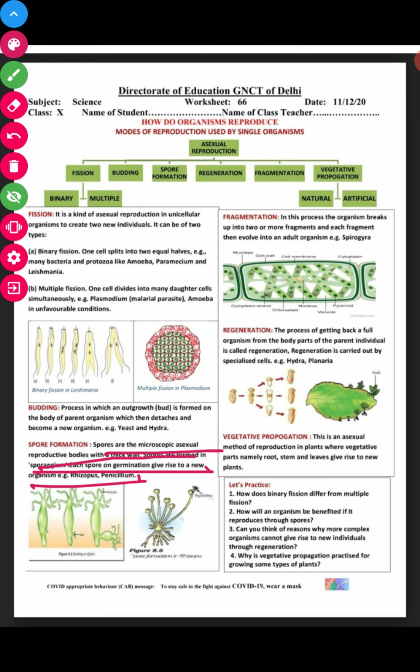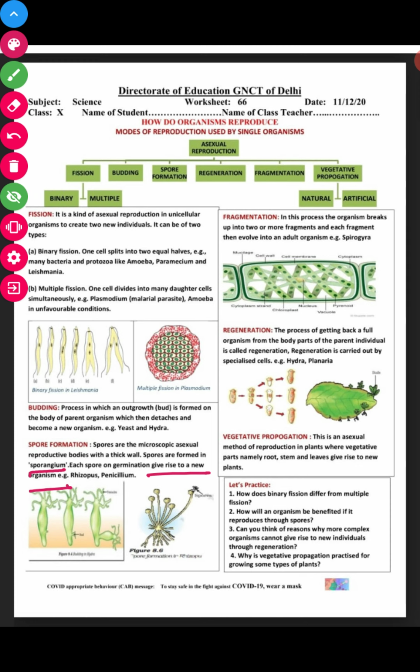You can write that spores are microscopic asexual bodies with a thick wall, formed in the sporangium, and each spore germinates to give rise to a new individual when there are suitable conditions. Otherwise they protect their germinating cells in the sporangia.